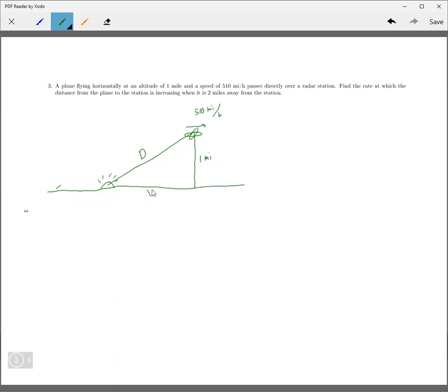Let's let this distance right here be x. The distance from the station to here will be x, okay? And that will help us.